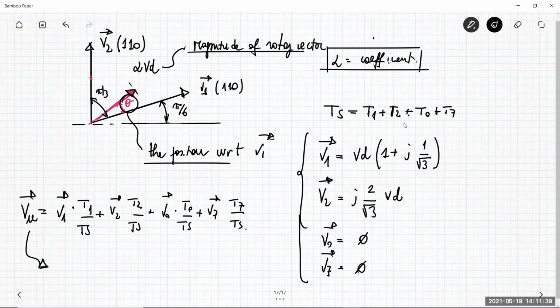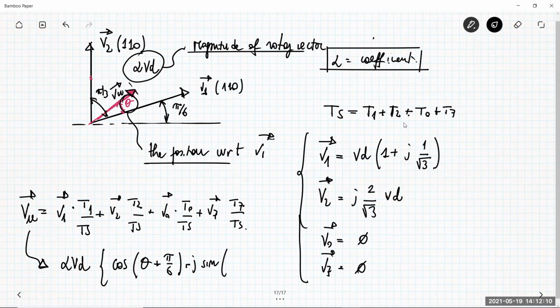For example, for the VU vector, which is this one, the rotating vector, we know that it has a magnitude which is alpha Vd, and it has a position which is theta with respect to the space vector V1. So it can be written as cosine of theta plus pi divided by 6 plus j sine of theta plus pi divided by 6.